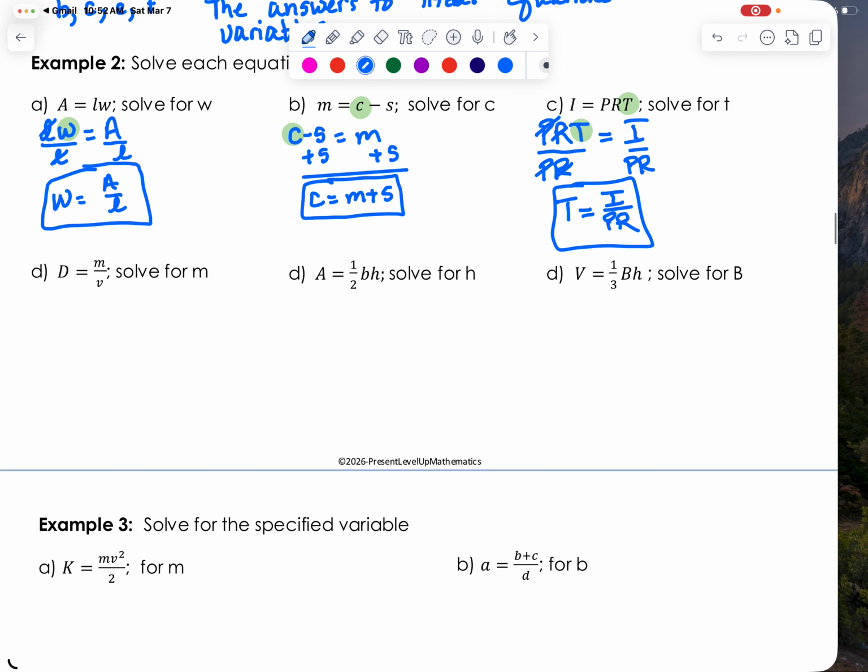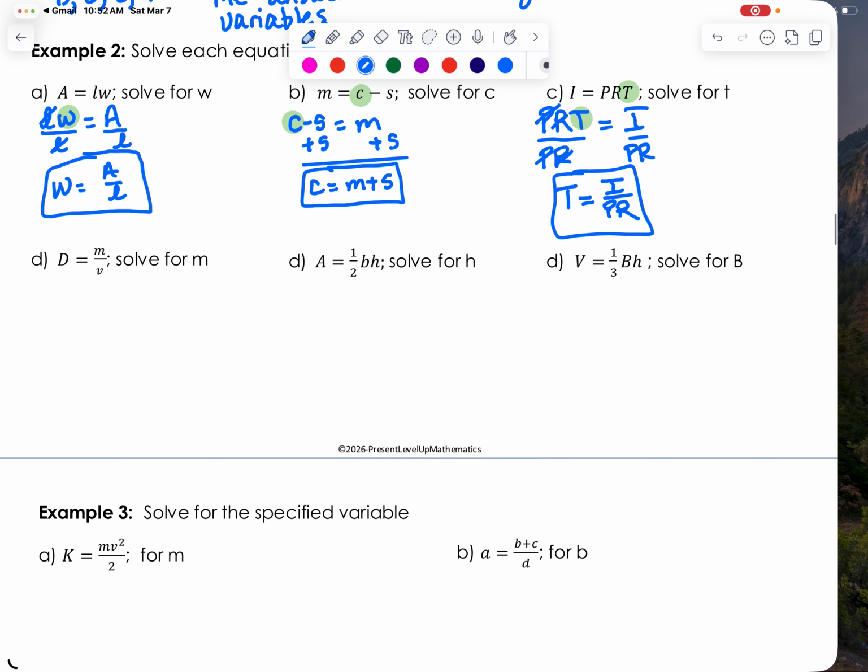All right, problem D. D equals M divided by V, and they want us to solve for M. So I'm going to rewrite this so that the M is on the left side and the D is on the right side. Now I want to get the M by itself, so I have to remove the V. We need to use inverse operations.